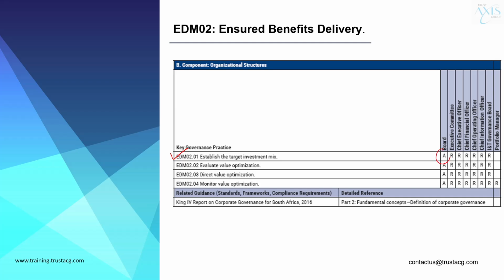So, the board of directors is eventually accountable for this activity, and underneath the board there will be different committees like the executive committees, your chief executive officer, chief financial officer, chief information officer, chief operating officer, and the IT governance board and portfolio IT governance board.